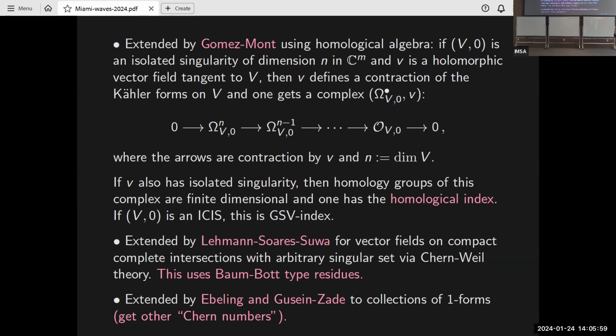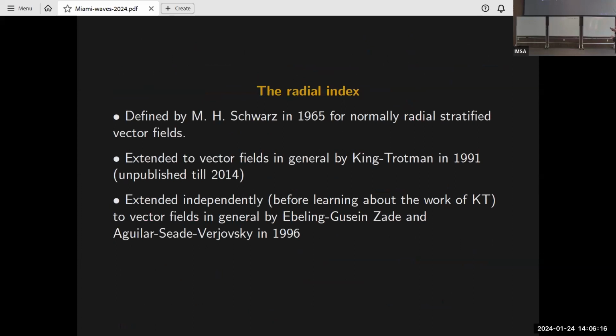Index of a vector field or a one-form corresponds morally to the top Chern class. With this trick of collections, they define similar invariants for all Chern classes. And so on. Okay.